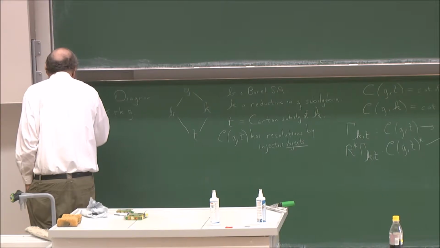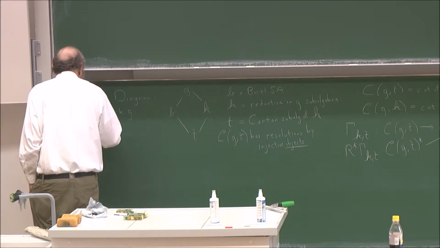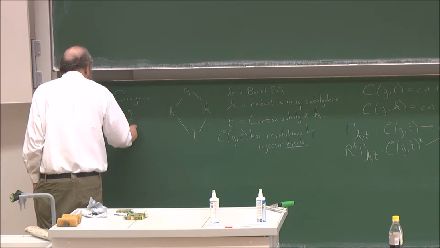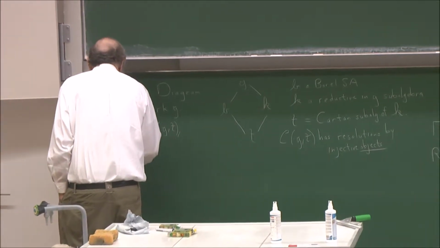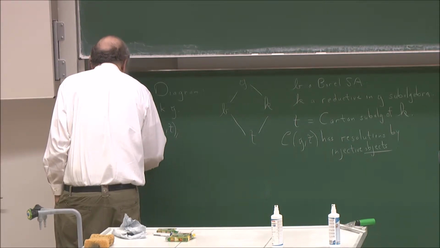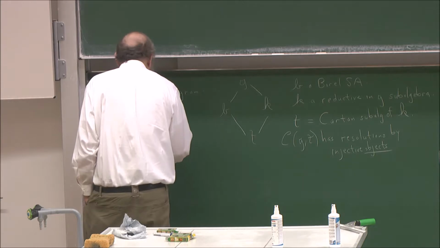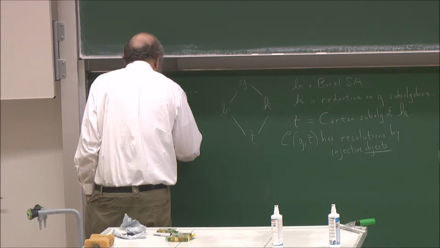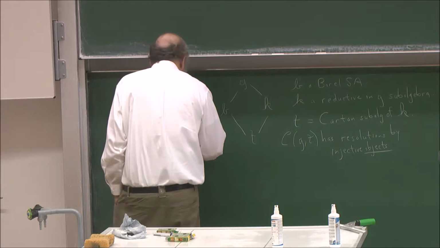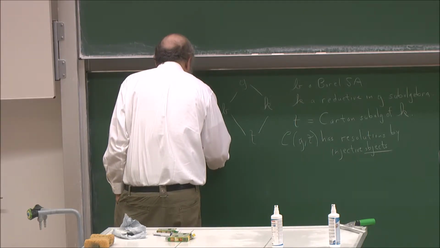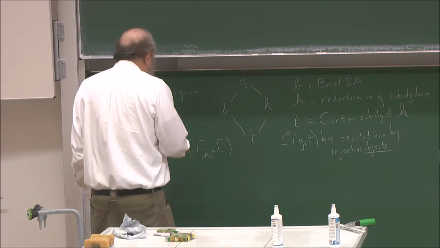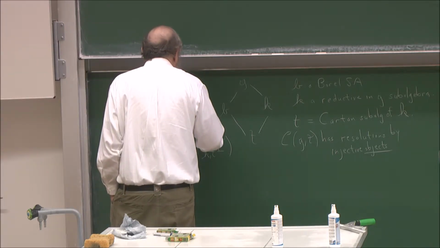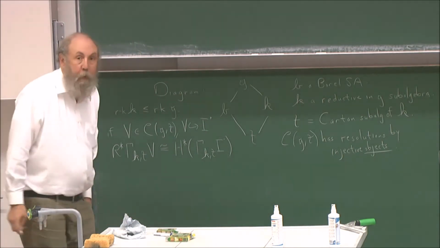We're saying that if V is in CGT as an object, R star gamma KT of V is by definition isomorphic to the cohomology of gamma KT of I dot, where I dot is my resolution of V.